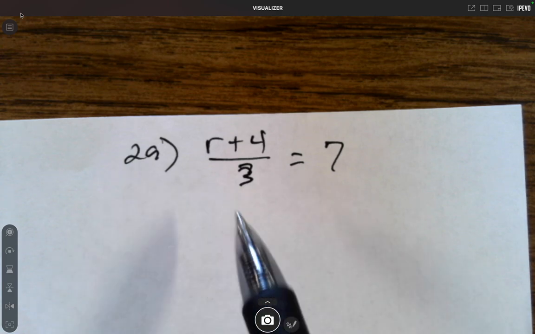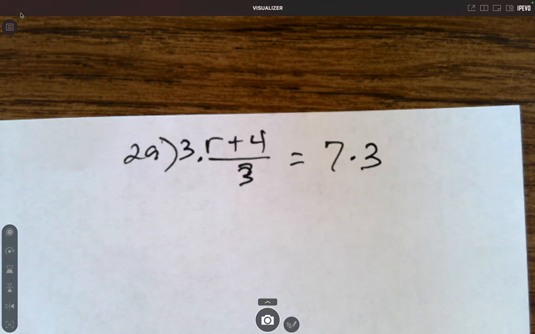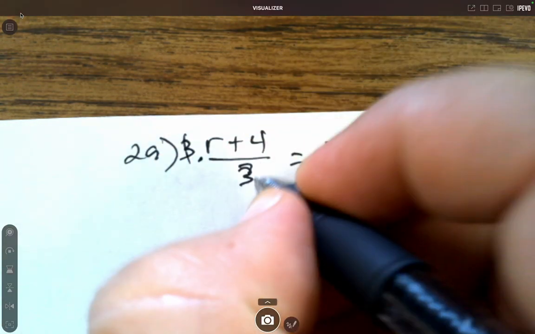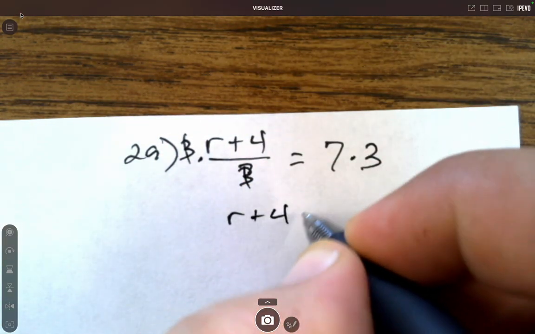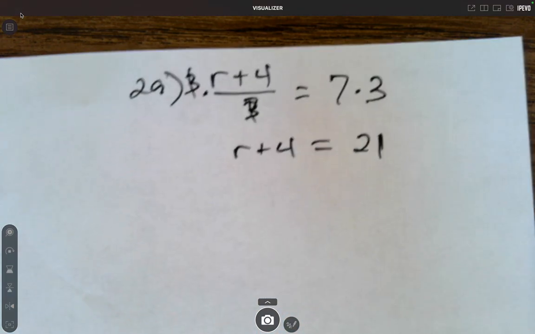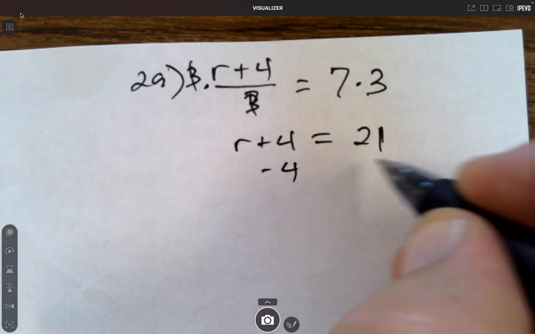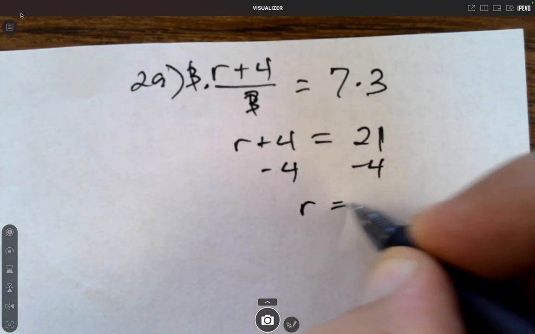So we have to do the opposite in the opposite order, so we would multiply both sides by 3. The 3's cancel on this side, and 7 times 3 is 21. And then we subtract 4 from both sides. We get r equals 17.